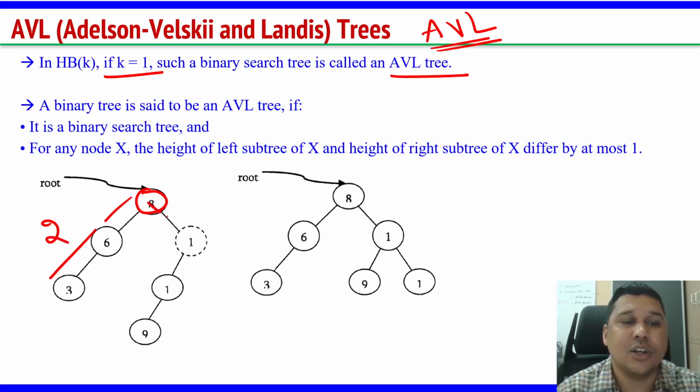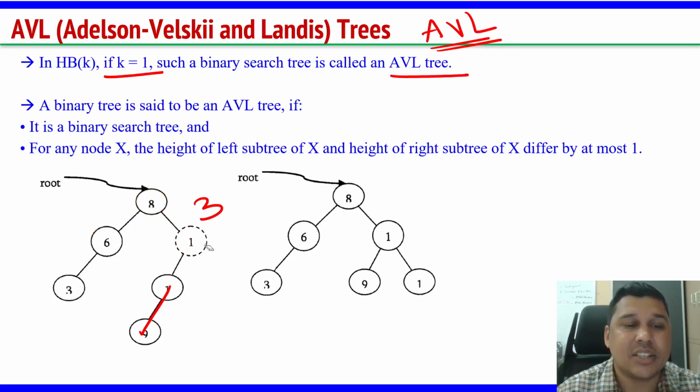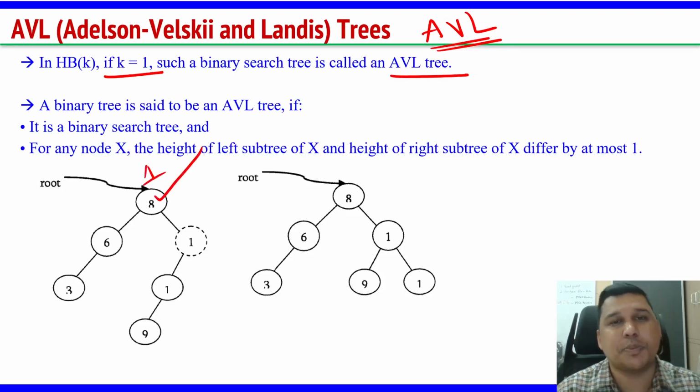Here what is the height? 1, 2, 3, the height is 3. So this is balanced. That root node 8 is satisfying the property that the difference is 1. So this is perfect. This node is in proper structure of AVL tree.